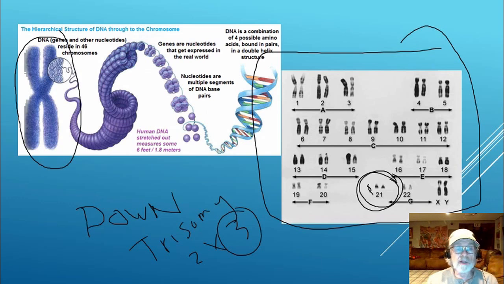When they look at a fetus before it's born, they do an amniocentesis, stick a needle inside the amniotic sac and suck out some fluid. Some fetal cells will be floating around there like a snow globe inside the amniotic sac. Then they spin them down in a centrifuge, take those cells out, and extract the DNA so they could look for genetic abnormalities or DNA problems.